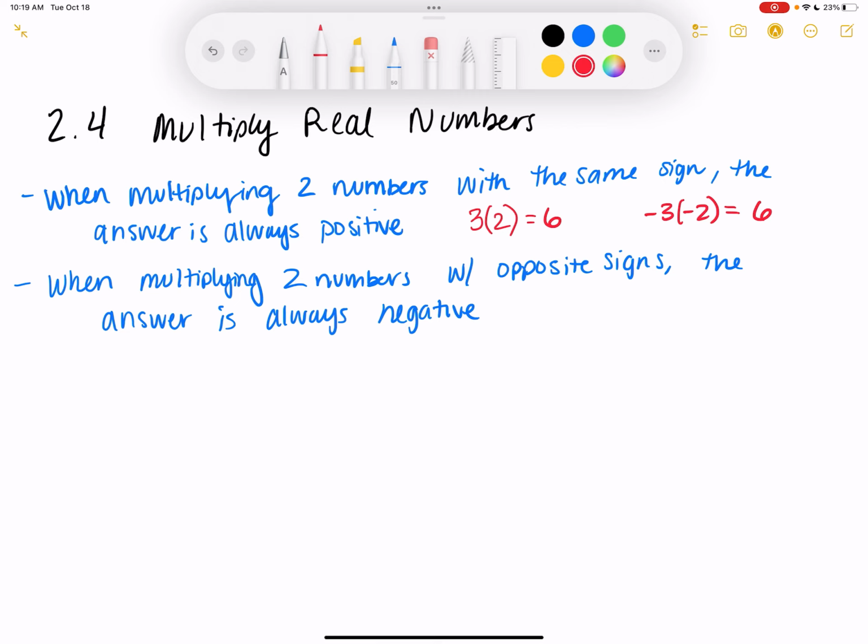But if, let's say, one of them was negative and one of them was positive, so if we had negative 3 times positive 2, then that's always going to be negative, so it would be negative 6. So same sign, always positive, opposite sign, always negative when multiplying.